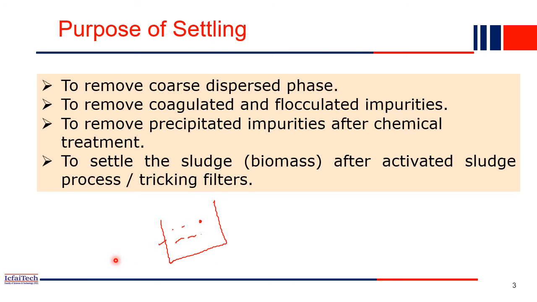So this is what we have seen. The first example is the primary sedimentation tank, where we are not using any chemicals directly. These types of small particles will settle down at the bottom, but again very fine particles won't be settling here in the primary sedimentation tank. So for that, we are adding some chemicals into this water, so that these small suspended particles will be attracted together and make a bigger particle, and then it settles down.